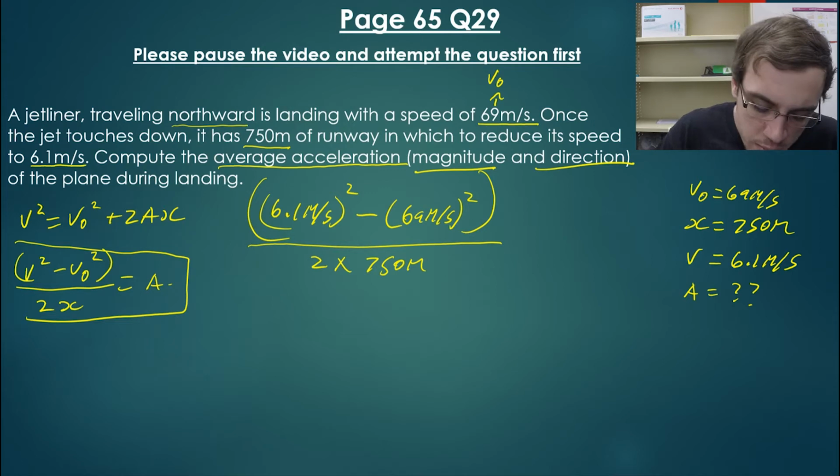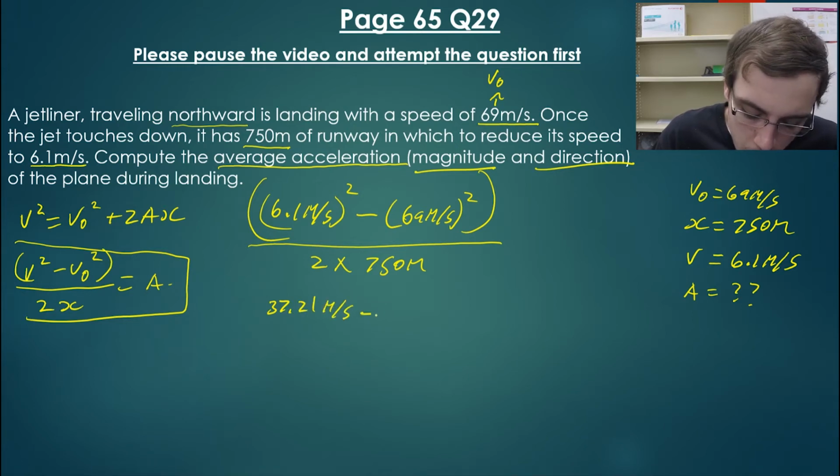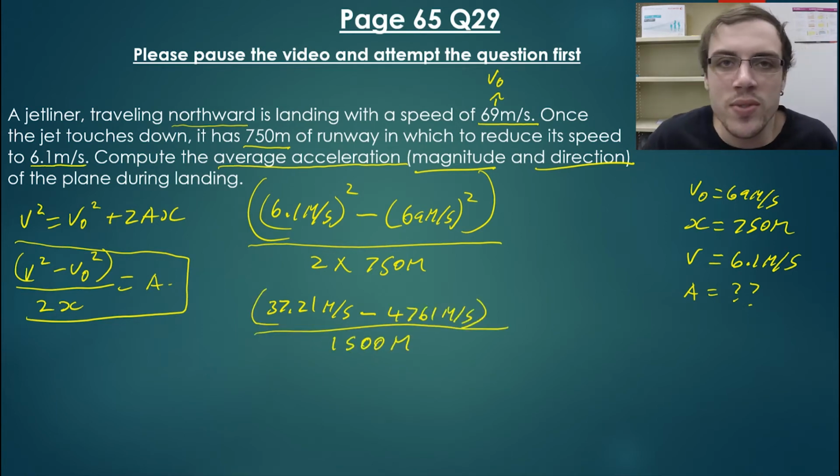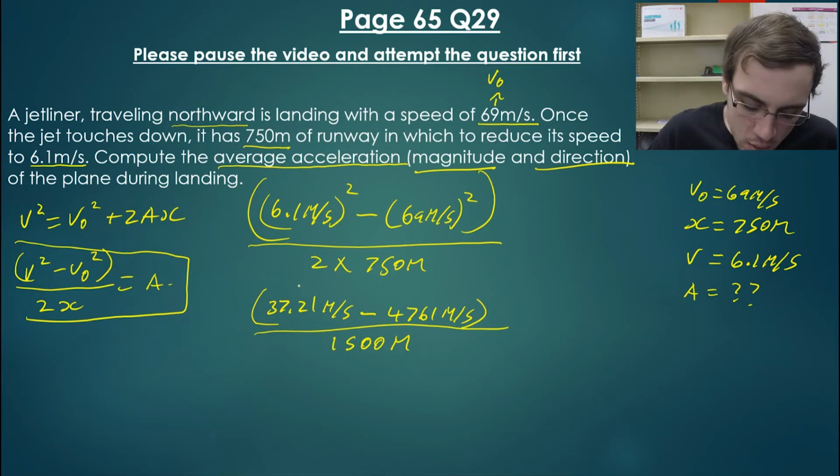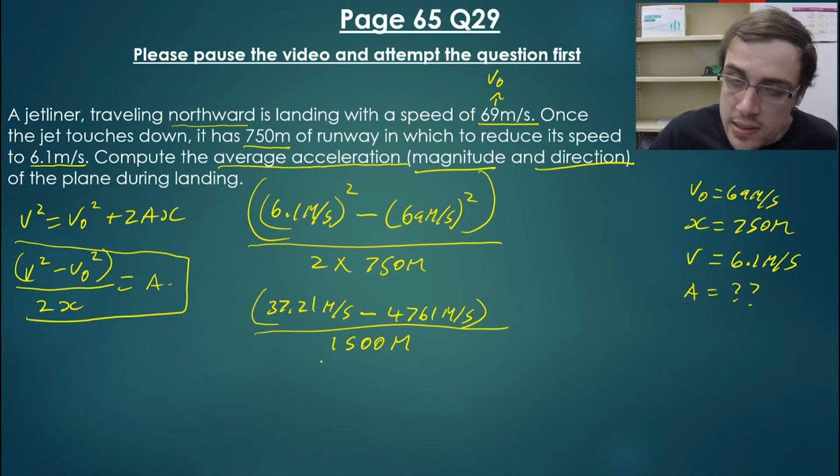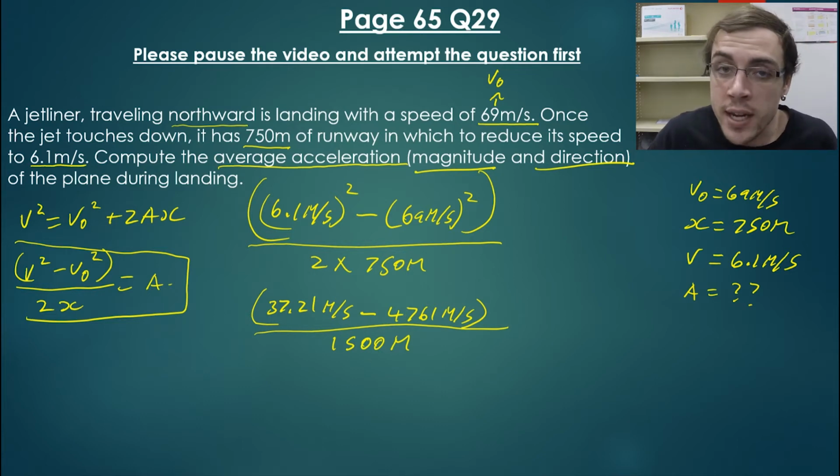So we go 6.1 squared is going to give us 37.21 minus 4761. There, so we've simplified it a little bit. We now take 37.21 minus 4,761 in brackets and then divide it by 1,500.